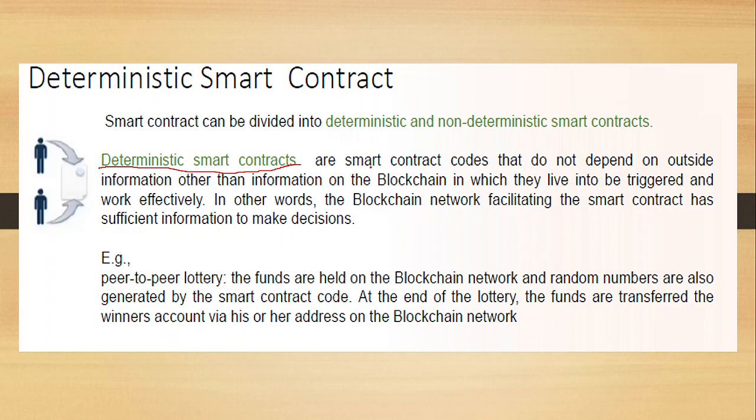So it's like you can create a code, and that particular code can be used within its own environment, right? In other words, the blockchain network facilitating the smart contract has sufficient information to make decisions. So they don't rely on other third parties. An example here is a peer-to-peer lottery. So you can see where numbers are held, and then they can be executed, right?